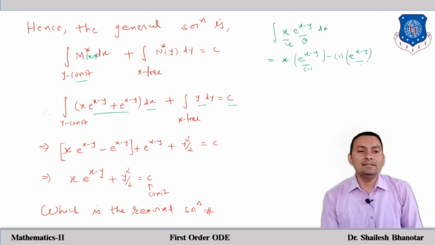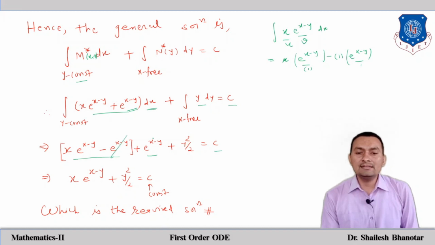Now the derivative of 1 is going to be zero and it stops. That means our answer is going to be this one, whatever I have written over here. And then secondly, e raised to x minus y is there, so we can integrate with respect to x, so that will be the same. And the integration of y with respect to y is y square by 2 is equal to c.